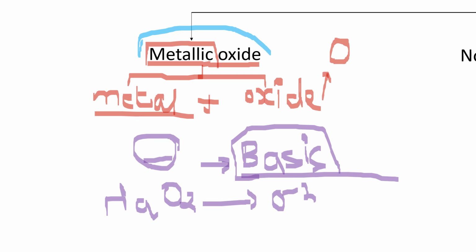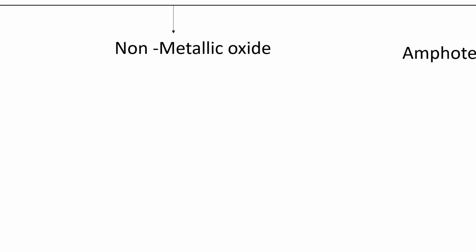Now let's move on to the non-metallic. Non-metallic is just the opposite of the metallic. In that we do use non-metals. Non-metals include oxygen, nitrogen, carbon and all like that, fluorine. Now just suppose that we are taking silicon. Just leave silicon. Let's try to get something that is easier for you to understand: CO2.